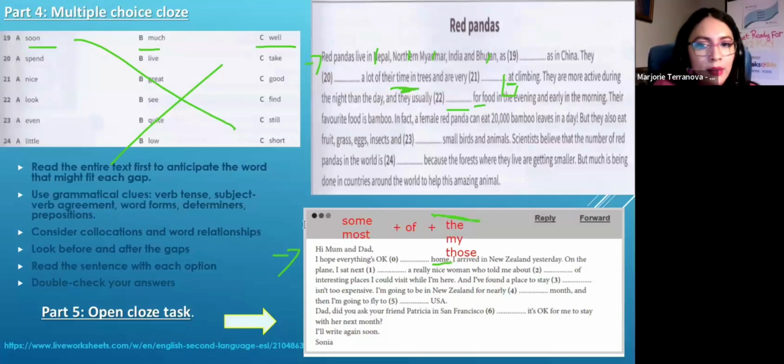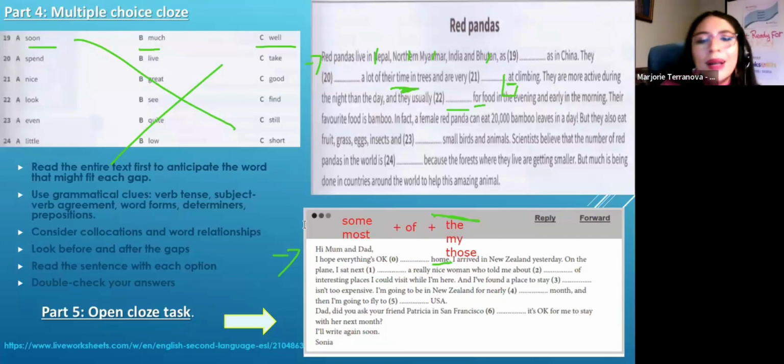I tell them that the only way I could use some or most there is if I had a determiner. Do I have a determiner there? Some of interesting places, I don't have the determiner there or any other determiner. So I am already teaching them that that option needs to be discarded.